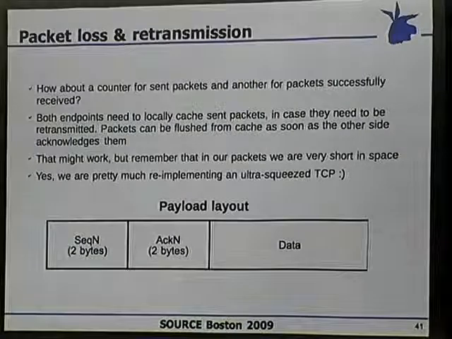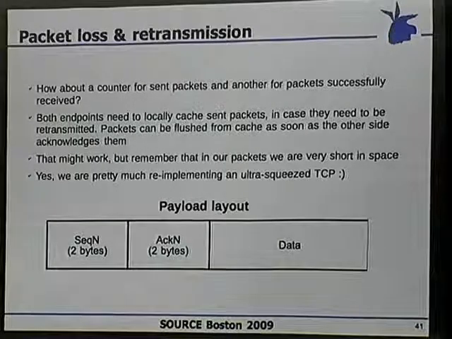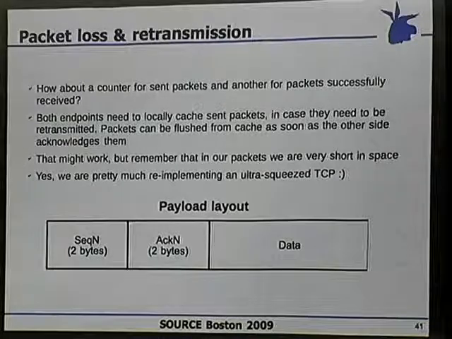The way we did it, we implemented sequence numbers and acknowledgement numbers. In every packet we send out, we send a sequence number, and the next packet would be sequence number plus one, and so forth. The other endpoint would then send in a response the acknowledgement number of the last packet you received, and that's how we can control which packets we received and which we haven't. The problem with that is there's not much space in the request, approximately 250 bytes.